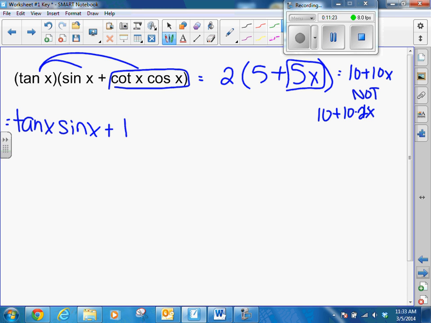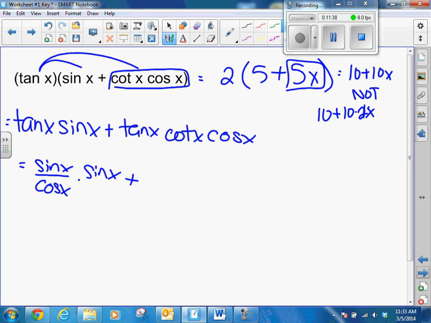Alright, so then I have plus tangent times cotangent times cosine. Alright, sine over cosine times sine. I can simplify this a couple different ways. I can go down to sines and cosines. I can change tangent in terms of 1 over cotangent.